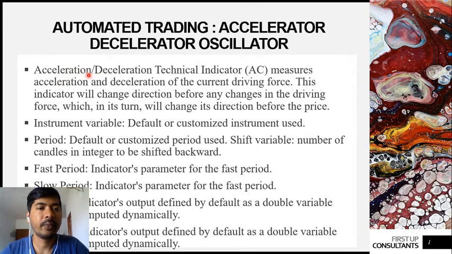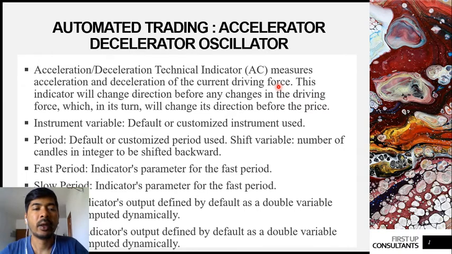Let's go verbatim. The acceleration deceleration technical indicator measures acceleration and deceleration of the current driving force, which means that it is basically a tool to use while trying to map and measure the driving force.